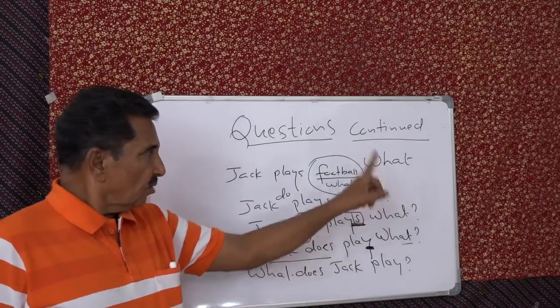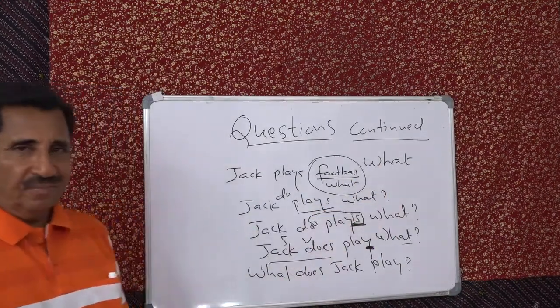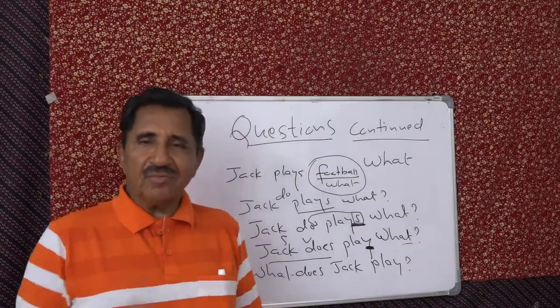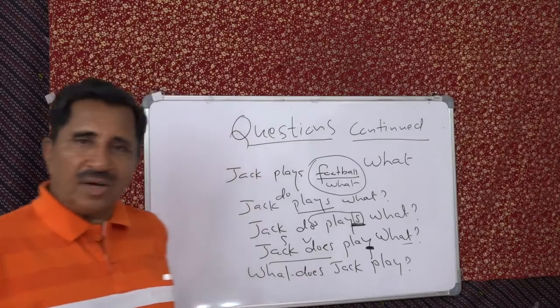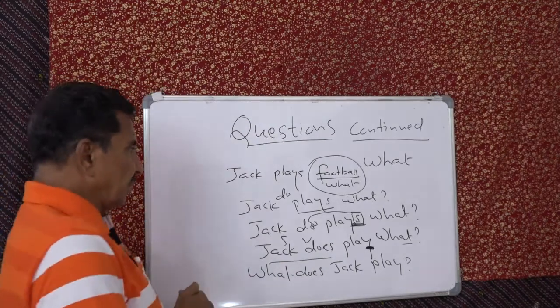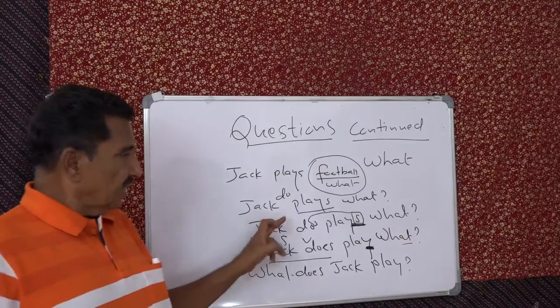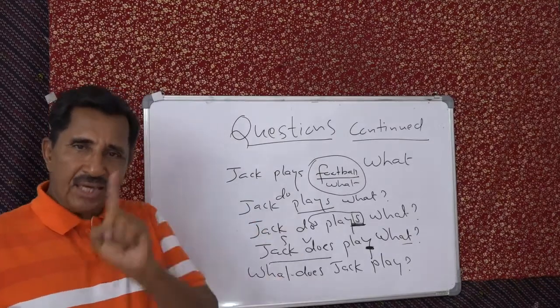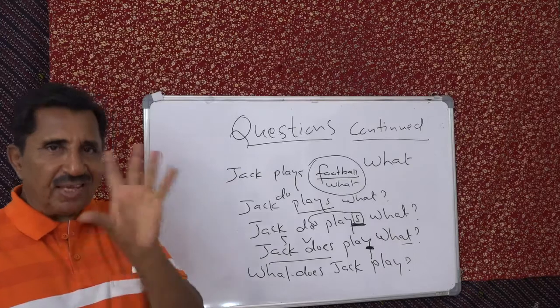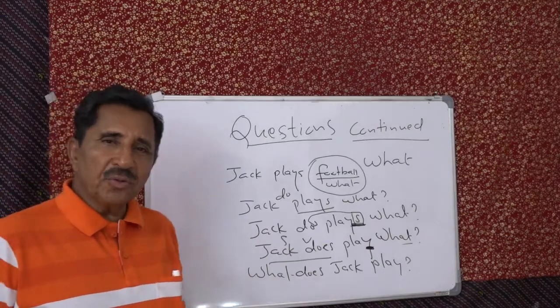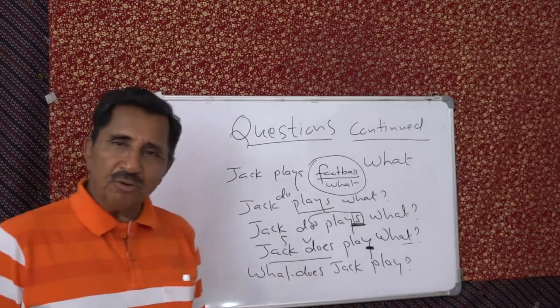So this is how we form question word questions. We have got a few more question words that we will see now. One after another we will see. But remember there are two points. One, if the verb is a single word tense, you have to make it a phrase, that is by adding do, by inserting do.